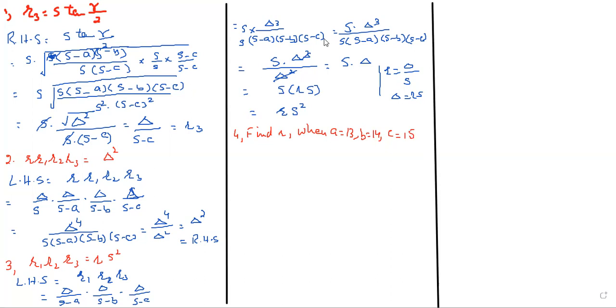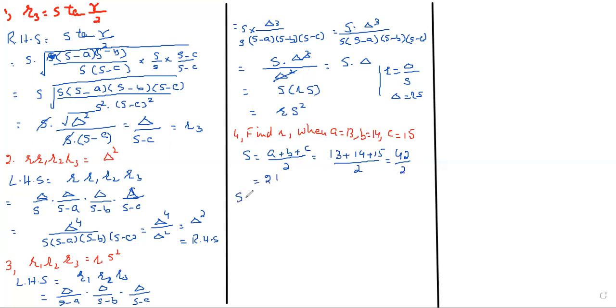Now, just for the solution, right? First of all, we calculate the value of S. So S equals A plus B plus C divided by 2, means 13 plus 14 plus 15 divided by 2 equals 42 over 2, which is equal to 21.